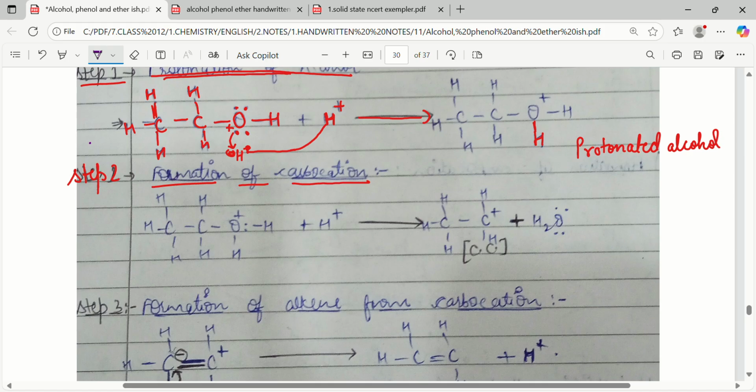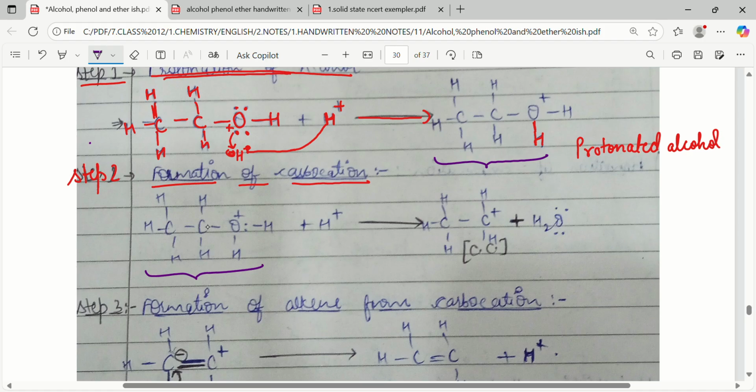You will be completely puzzled with this thing. That's what happened with me in the exam. Anyways, one more thing that might help you: the product of the above step will act as the reactant of the second step. The protonated alcohol will be taken as the reactant here.